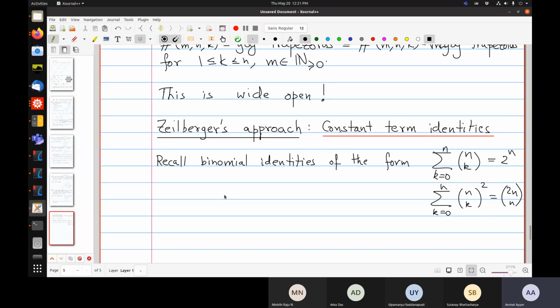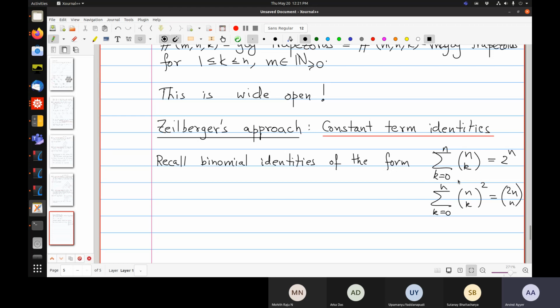So there's an entire area of combinatorics devoted to understanding and proving identities of this form. It has kind of gone down over the years due to computerized proofs of such identities, due to Zeilberger's algorithm.